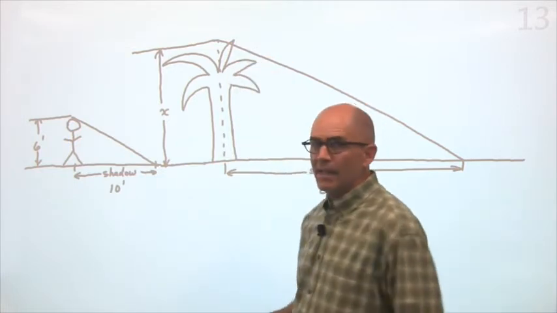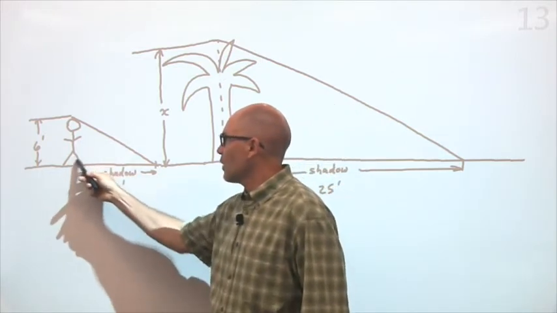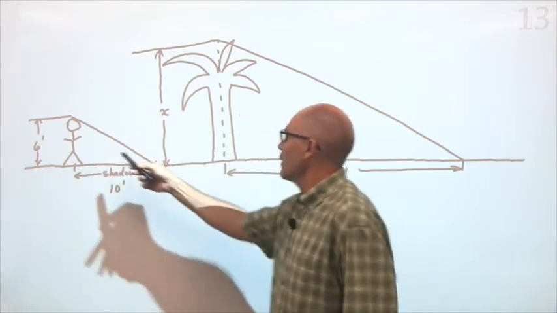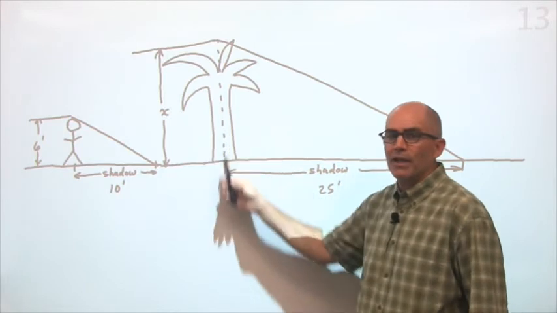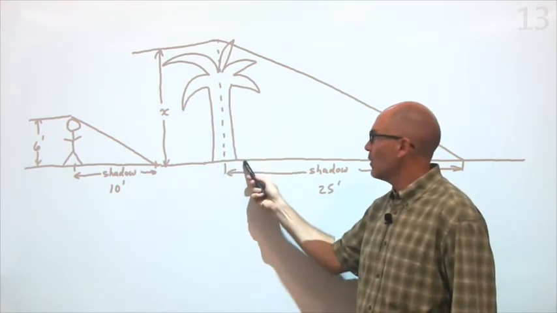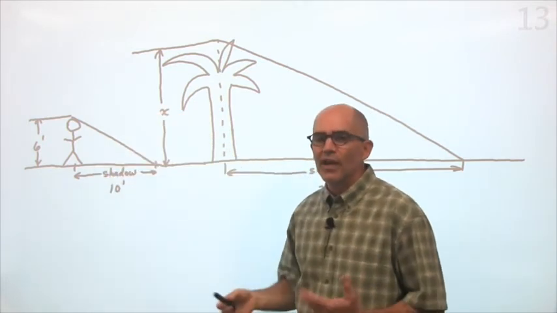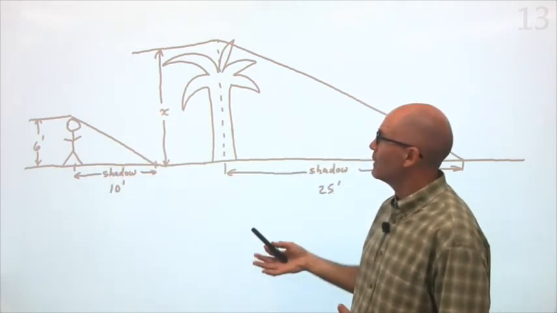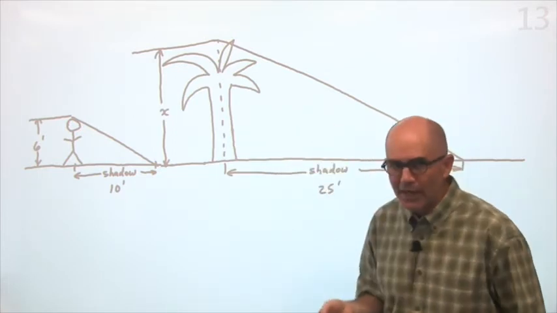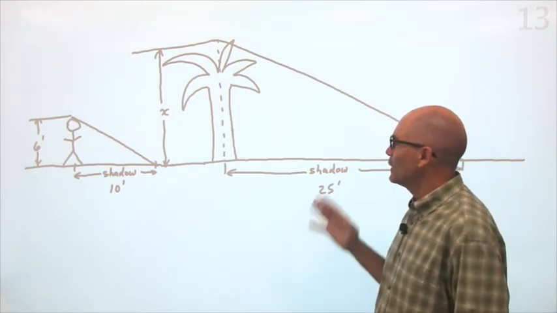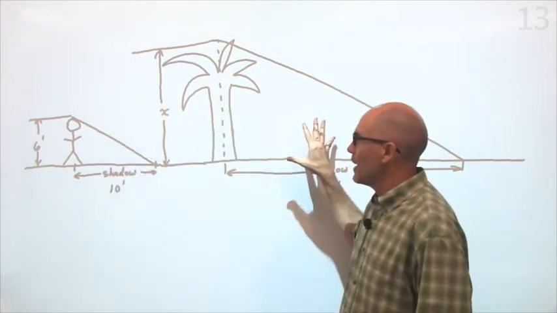Now, the second thing is, it's flat ground, so the second angle here is a right angle here. So this triangle has a right angle on the lower left-hand corner. Same thing here. The tree grows straight up, right angle here. So we know we have two angles that are congruent. That means the third angles have to be congruent because all three angles have to add up to 180. Okay, so we know that we have two similar triangles here.